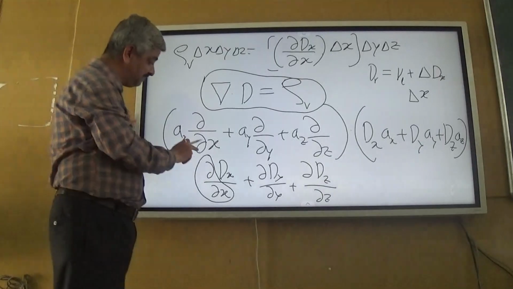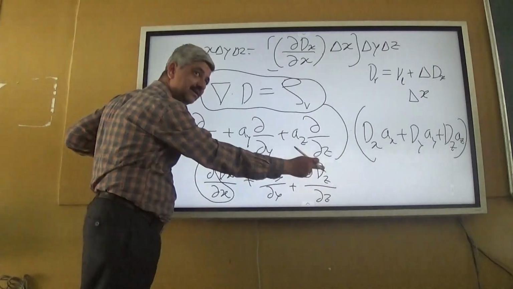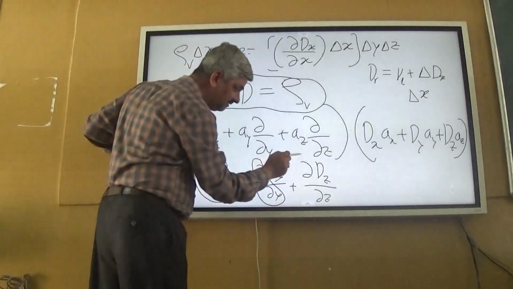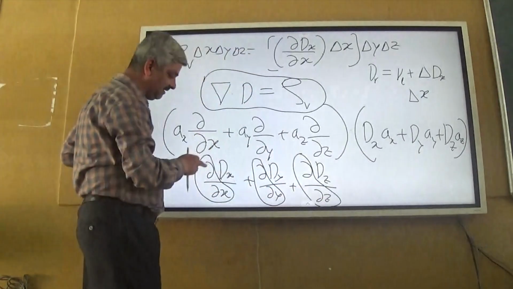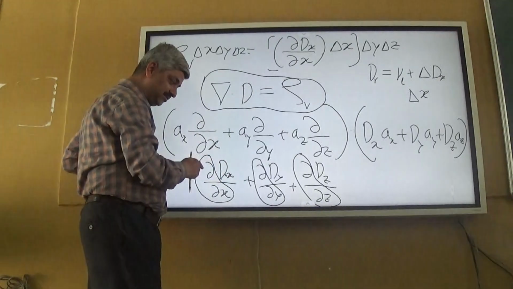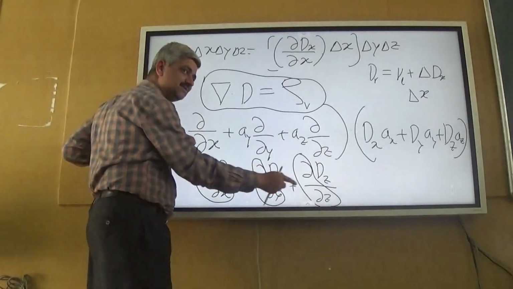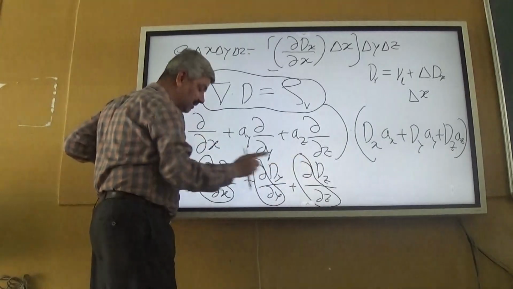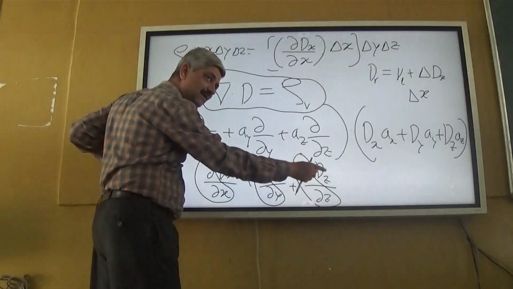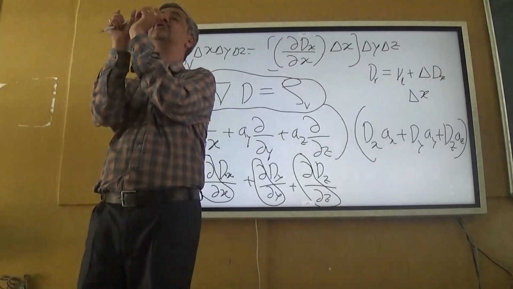So, this is what? Dx x component, Dy y component, Dz z component. Then, I can look at it as dabba by dabba x into Dx, something into x component of D plus something into y component of D plus something into z component of D. So to each component you multiply something in a dot product.